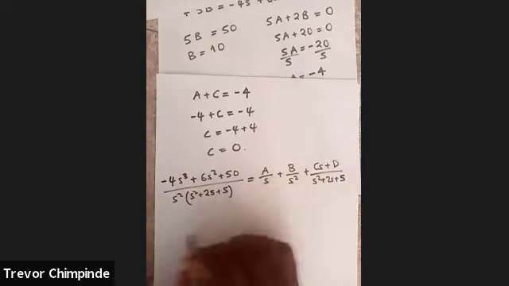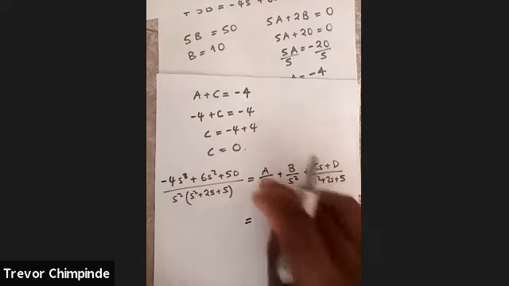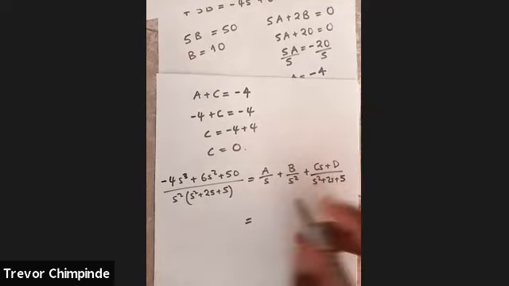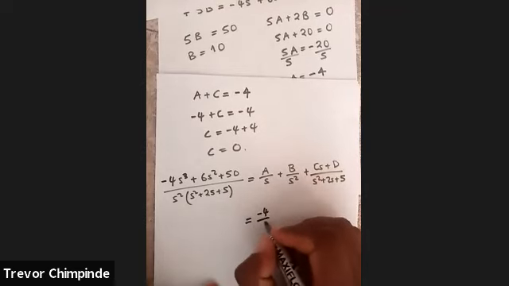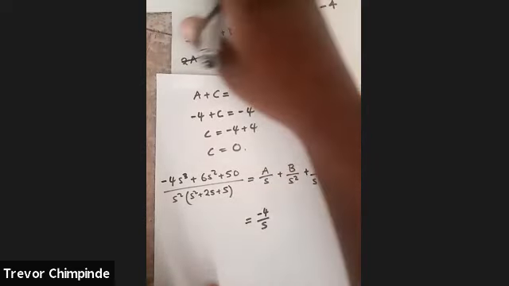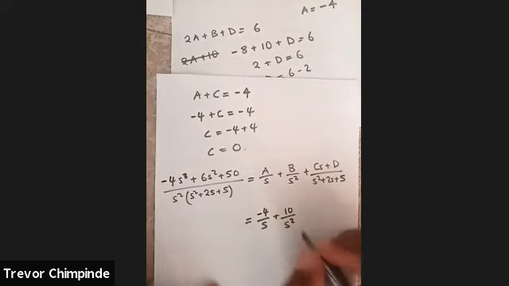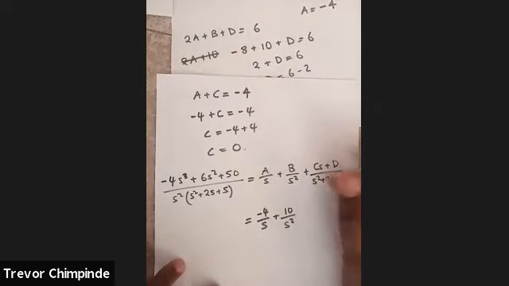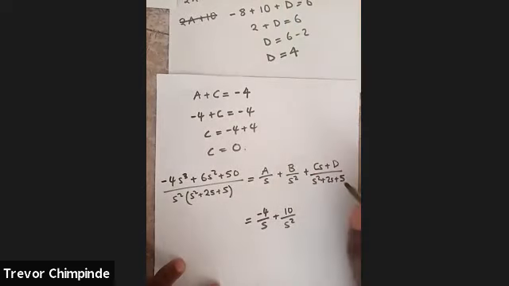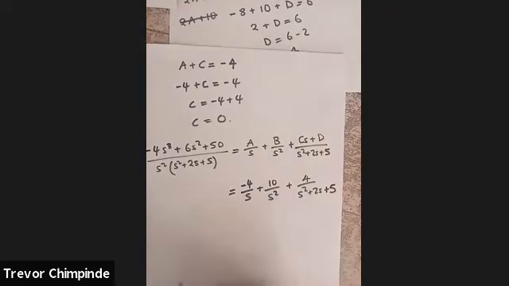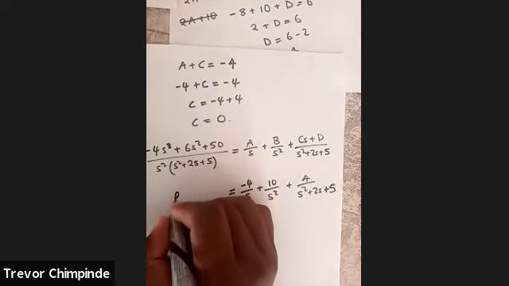So we found our coefficients. A was negative 4, so this is negative 4 over s. Our B was 10, so this is plus 10 over s squared. C is 0 and D is 4, so this is plus 4 over s squared plus 2s plus 5. This is what our Laplace of y is.